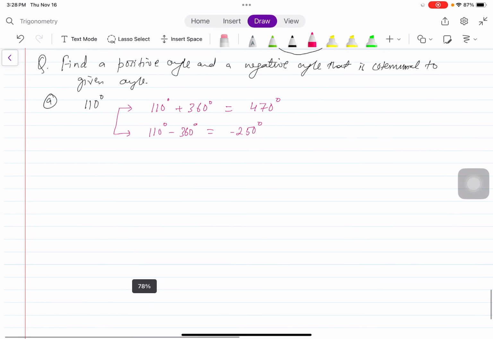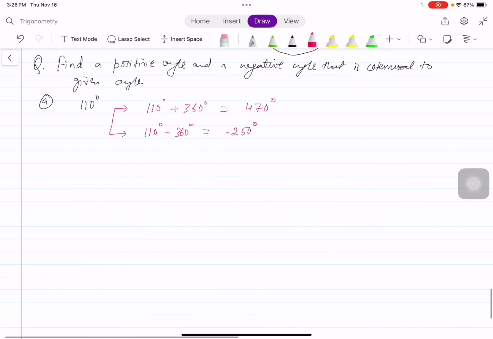Similarly, if we are given angles in radians, how do we find a positive angle and a negative angle? In this case, we add 2 pi or subtract 2 pi. To get a positive angle, we will add here because it's already negative. So this will be 2 pi minus pi over 4, which gives us 7 pi over 4.